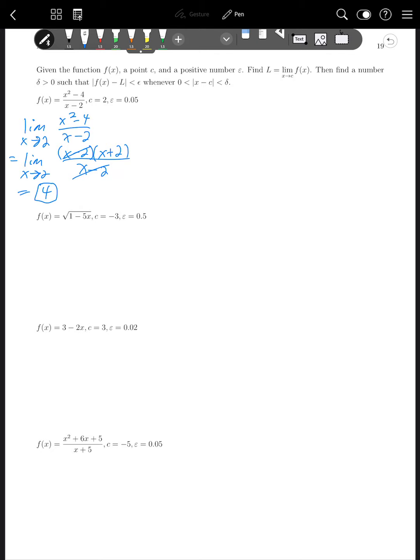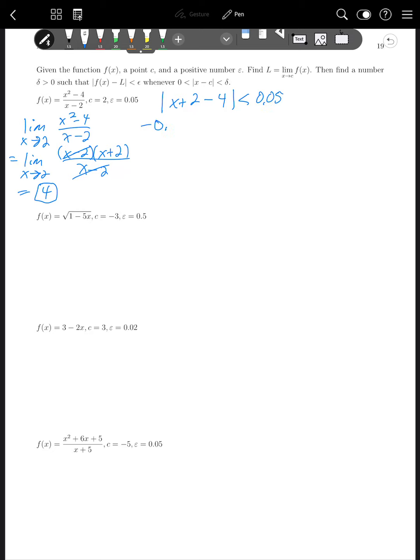So I take the absolute value of f of x, and when you're doing this, it's probably a good idea to use the simplified form you already found, which can save you some time. So x plus 2, right, because we were able to simplify that, minus our limit, which is 4, is less than our epsilon of 0.05.